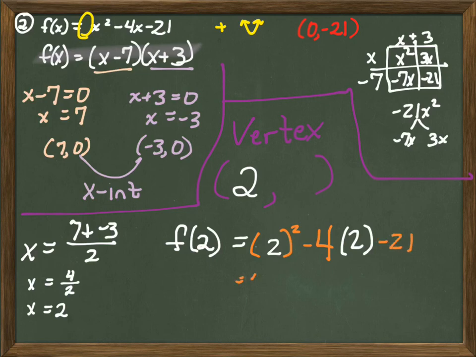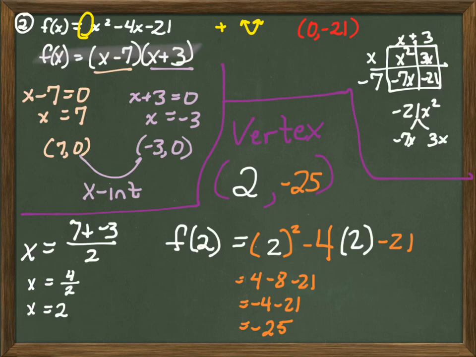And so 2 squared is 4 minus 8 minus 21. 4 minus 8 is -4, minus 21 gives me a -25. So at 2, -25 is my vertex.